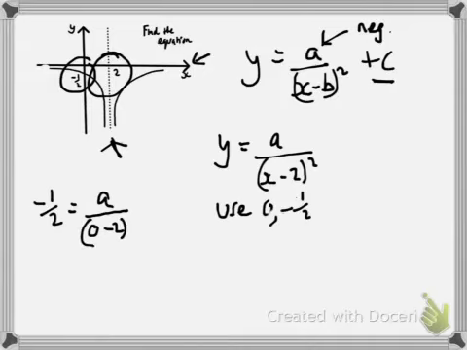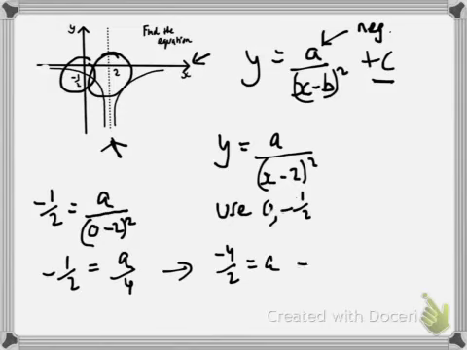I've substituted in x equals 0 there. So negative a half equals a over 4. If we multiply through by 4, negative 4 on 2 equals a, and it means a equals negative 2.